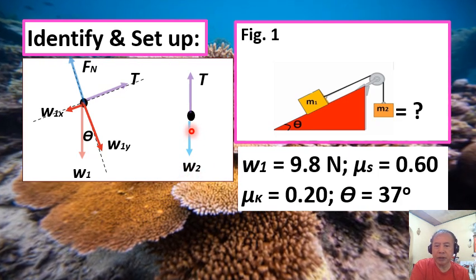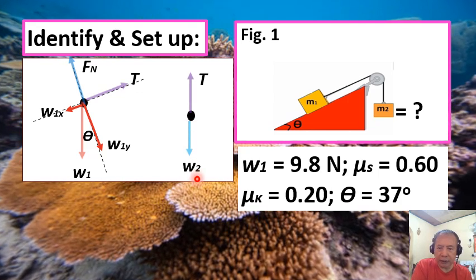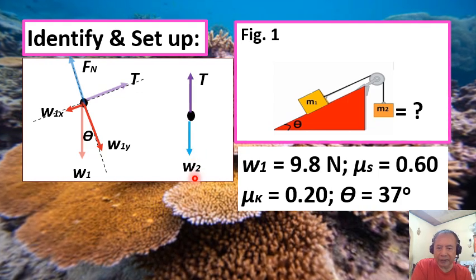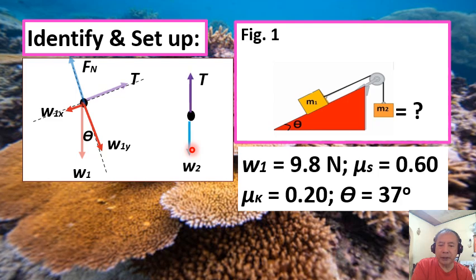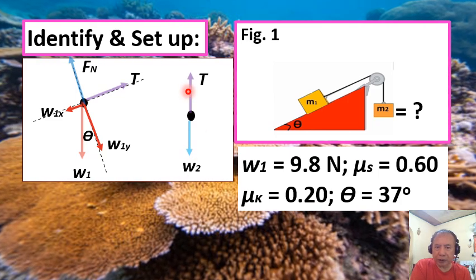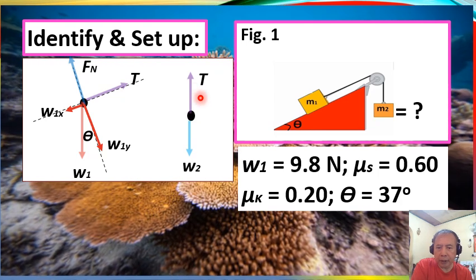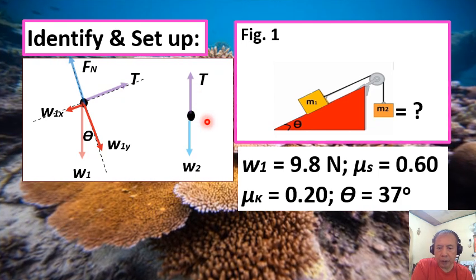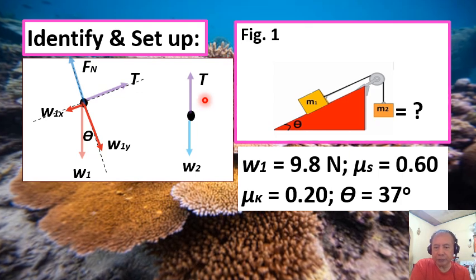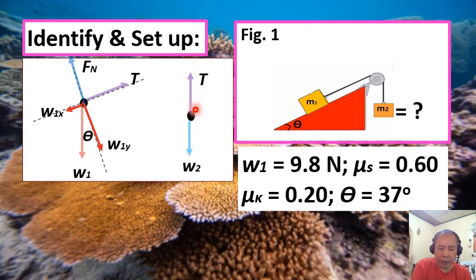Since this is the force of gravity on block 2, it is directed vertically downwards, and it is being supported by the cord with a tension force T, directed vertically upward.